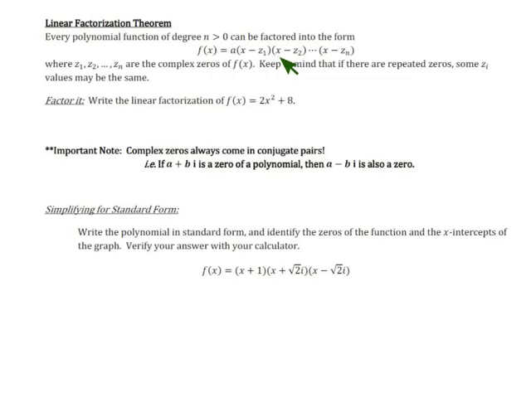Notice this is 1x, 1x, 1x, and the reason is that we factor out this a value. If we factor out this a value, then we can always write any function in this form.